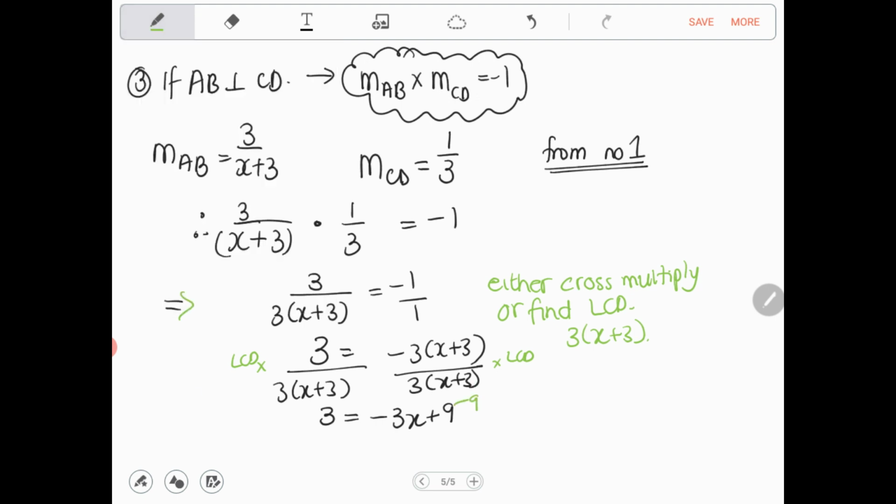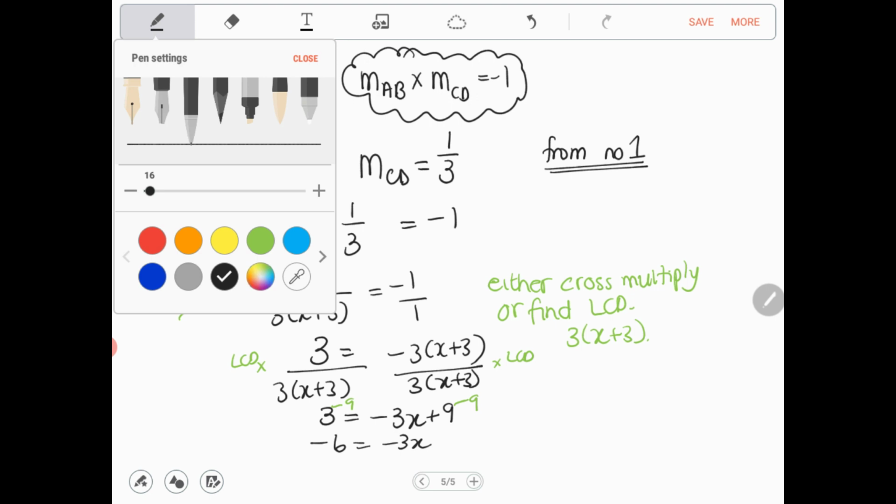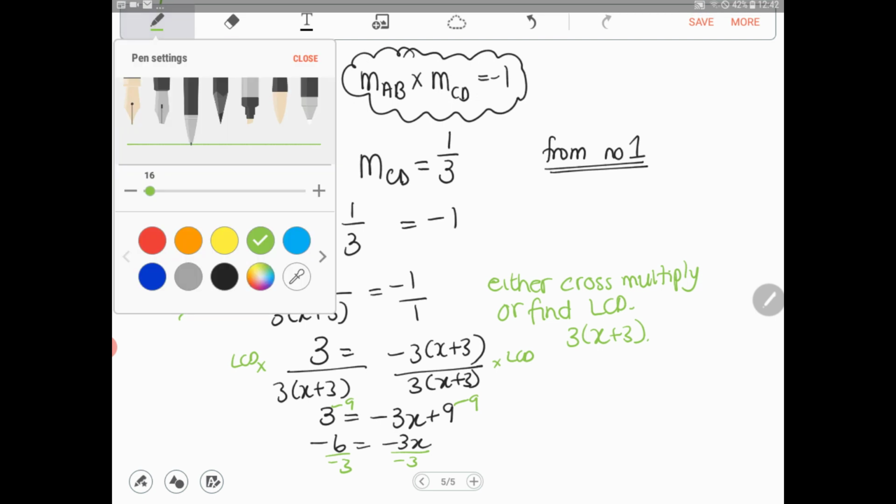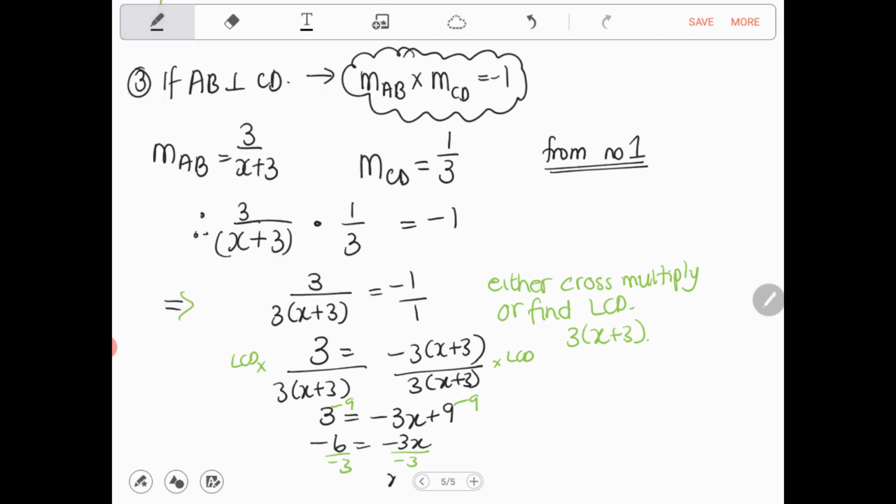So we're going to subtract the 9 from both sides. So -6 is equal to -3x. We're going to finish by dividing both sides by -3. So x is going to be equal to 2. So if you want perpendicular lines, A would have to be 2 and 5.